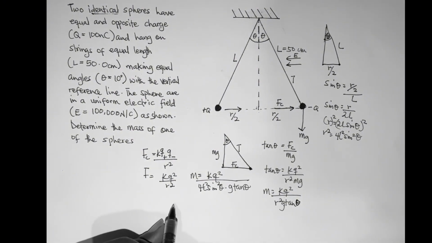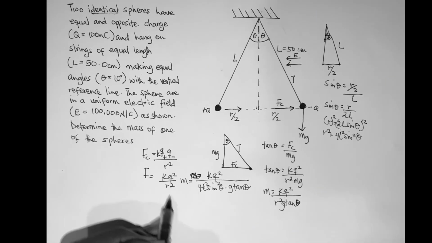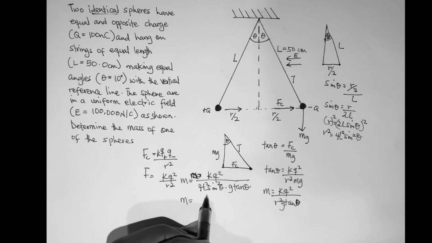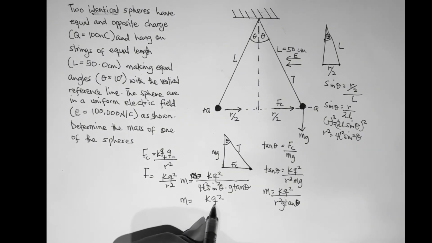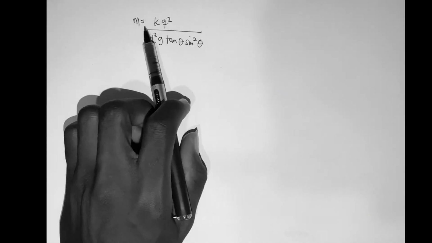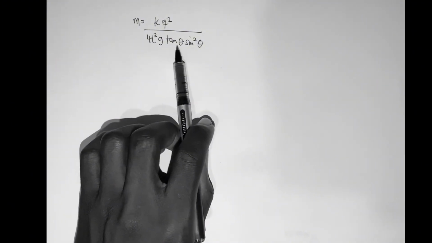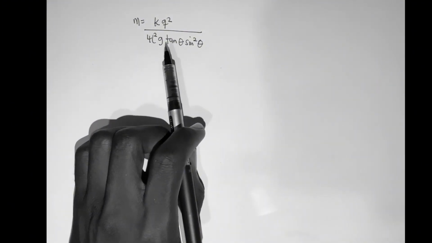So let me rewrite this well. m is equal to kq squared divided by 4L squared g tan theta sine squared theta. So we just rewrote this equation again.